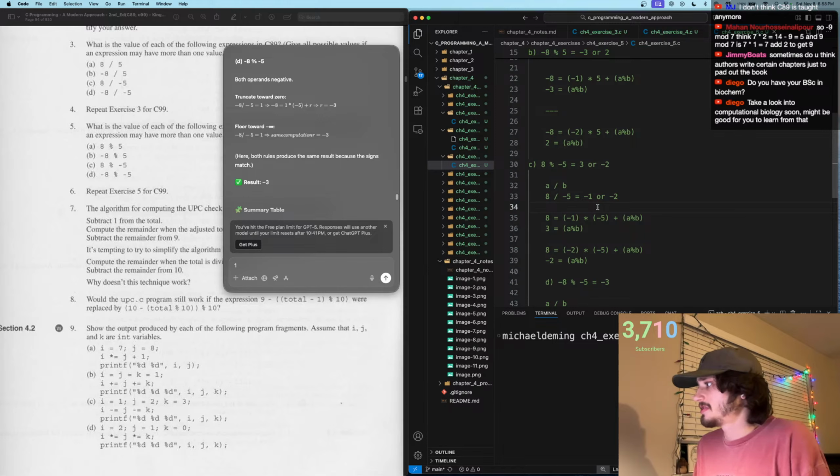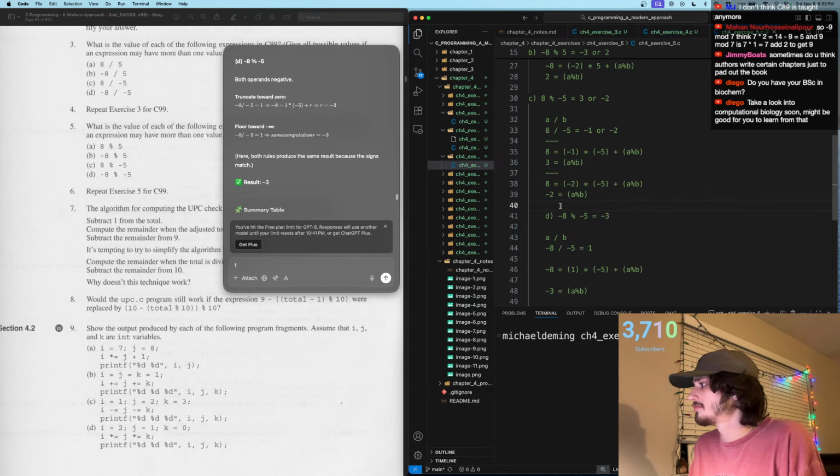Nice. Let's get these separators here so it's a little bit easier to read for everybody on the notes. Why did D go all over here?